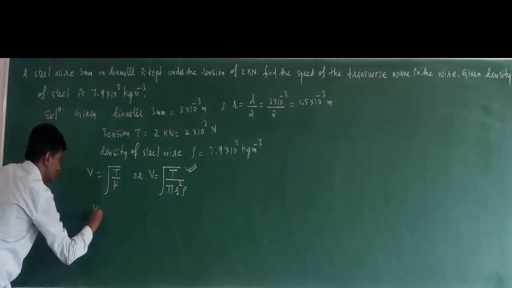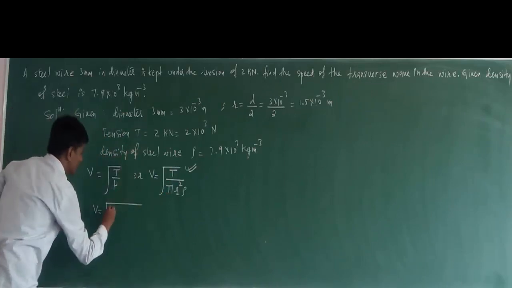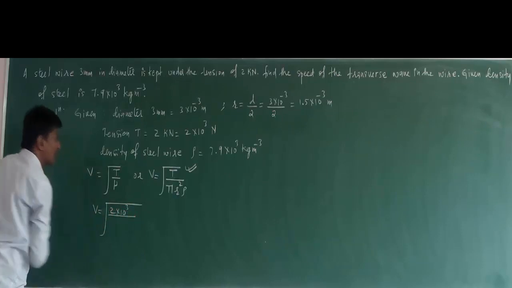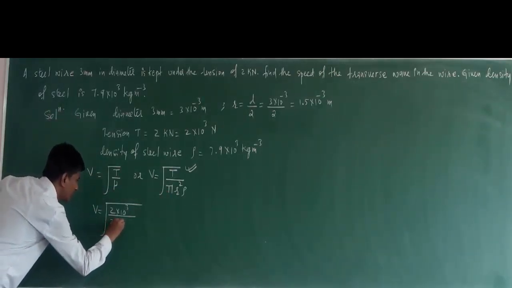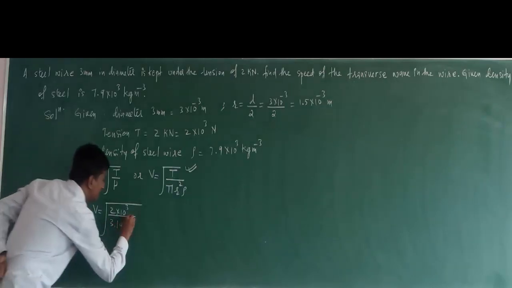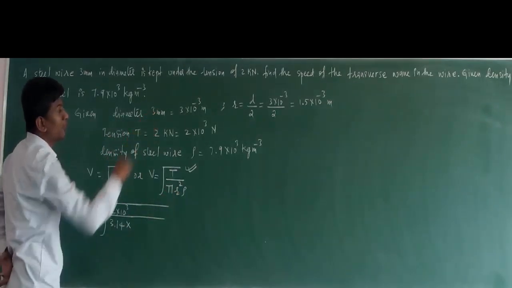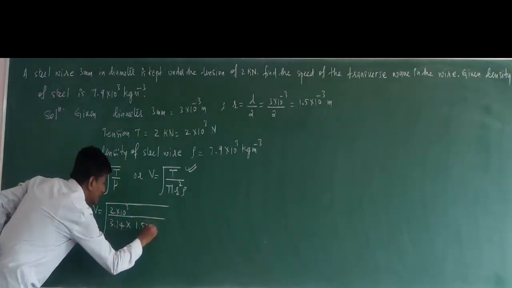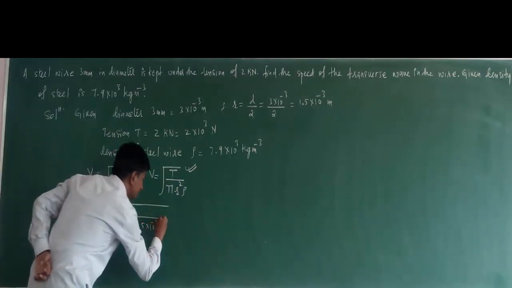Now we have to substitute all these values in this formula. Then V is equal to root of tension, which is given as 2 into 10 raised to 3, whole divided by pi, which is 3.14, multiplied with radius. Radius is 1.5 into 10 raised to minus 3, whole square.